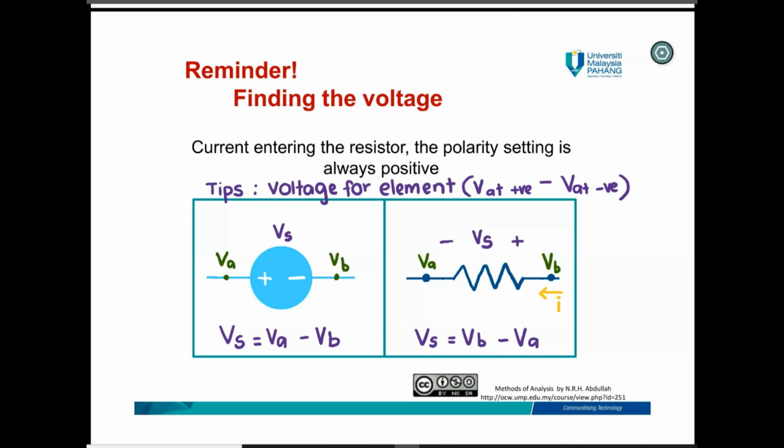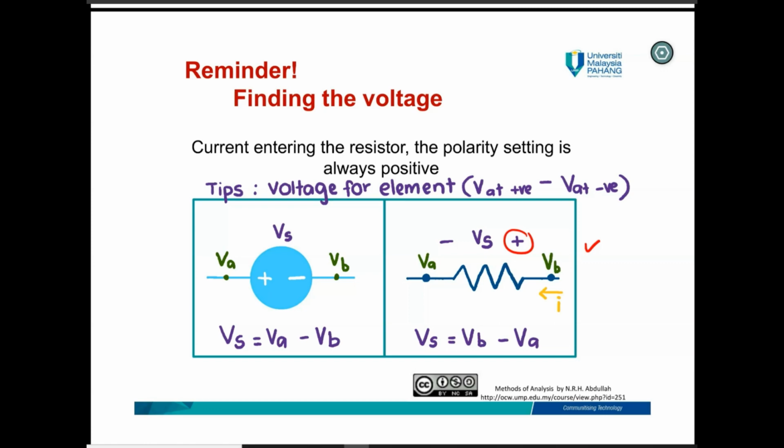As for example in here, this is the resistor. So when current enters from the B side, we assume that the polarity when the current is entering the resistor is positive.